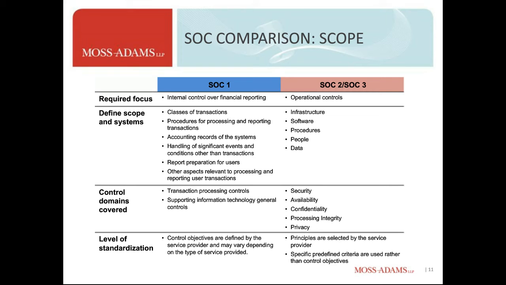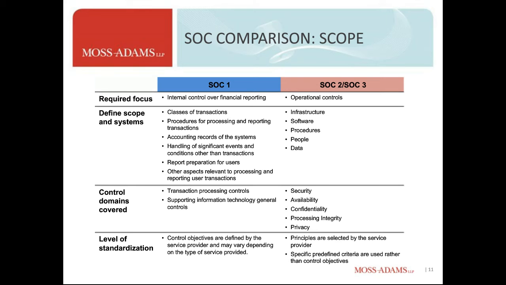That's in contrast to a SOC 2 and SOC 3, which, as I've mentioned a couple of times, relates back to the 5 trust services principles. The principles themselves that are going to be covered are selected by the service provider, but the AICPA has prescribed criteria that are used instead of the control objectives being identified by the service provider.